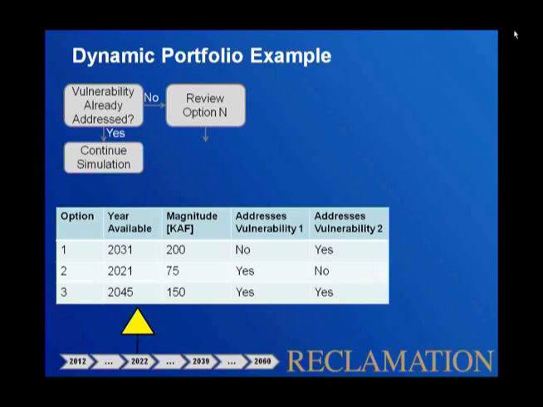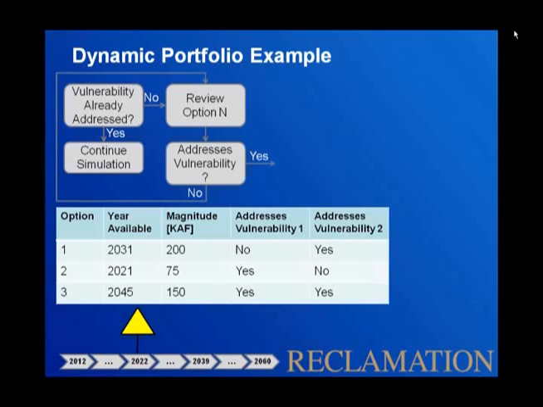Well, we look at that option and we look at information that's associated with it. Things like timing, magnitude, and what vulnerabilities does it actually address. And so that's in fact the first question. Does it address the vulnerability that's flagged? If it doesn't help us out with regard to what we're looking to accomplish, it's a useless investment, so we're going to pass it over.